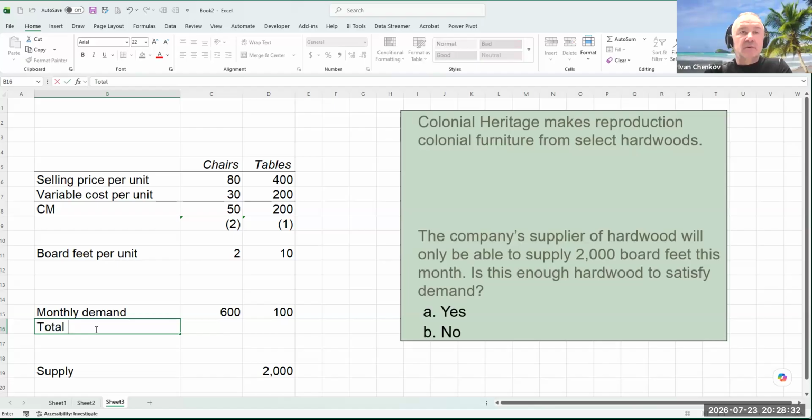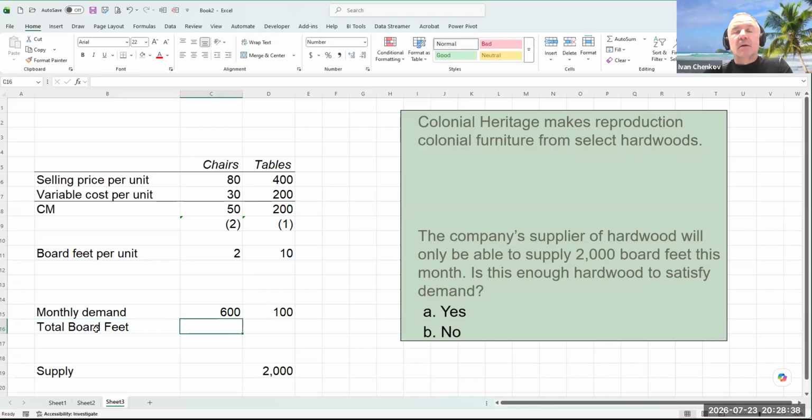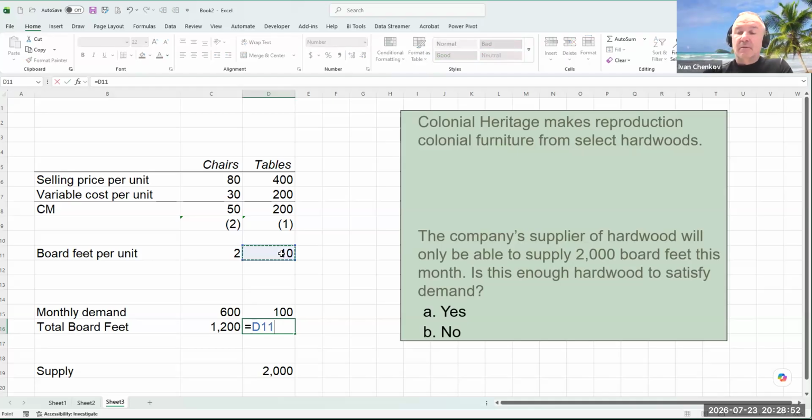Total board feet. To produce our demand for the chairs, we need 2 per chair times 600, and we need 1,200 board feet. To produce our tables, we need 10 board feet, and to produce those 100 tables, we need 1,000 board feet.